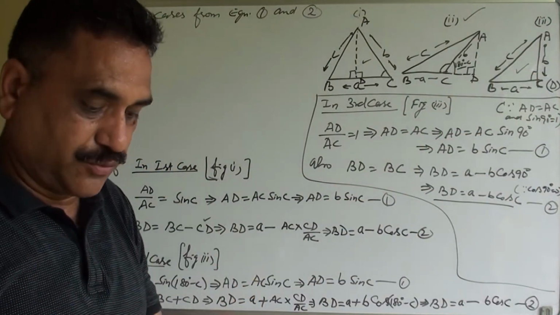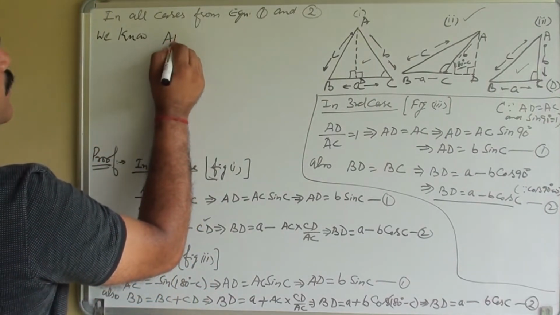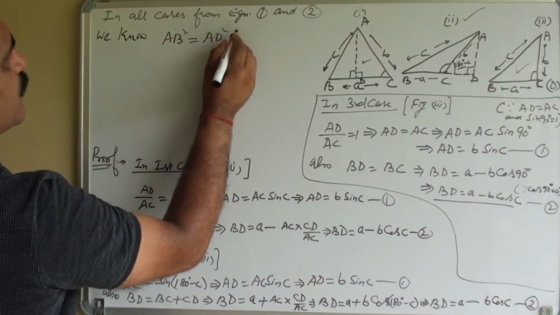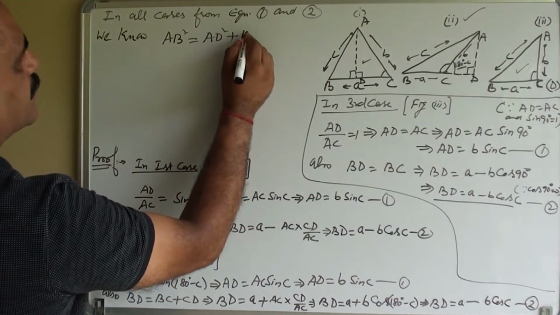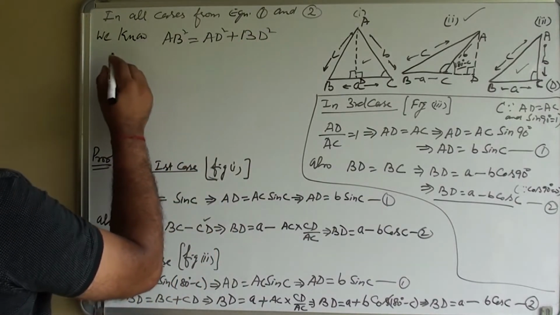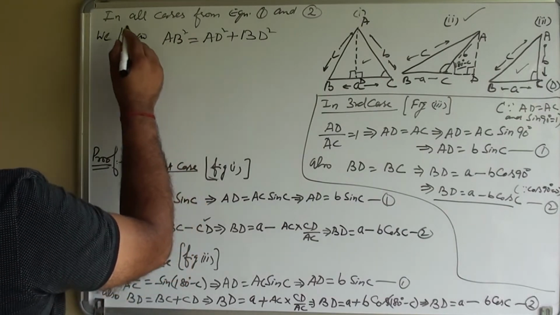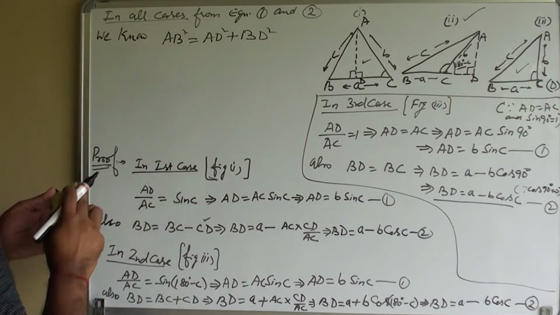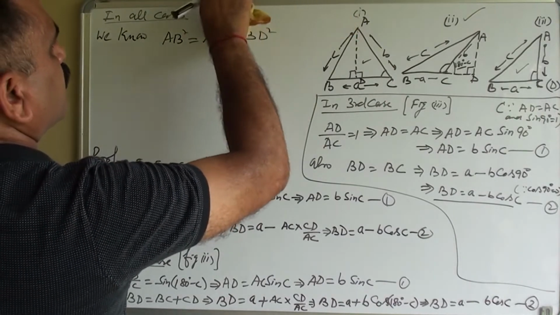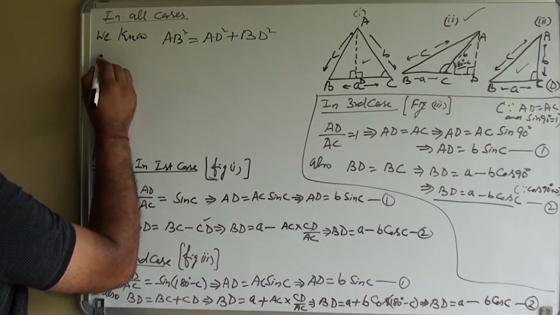In all three triangles, we are getting the same. So AB square is equal to AD square plus BD square in all cases.